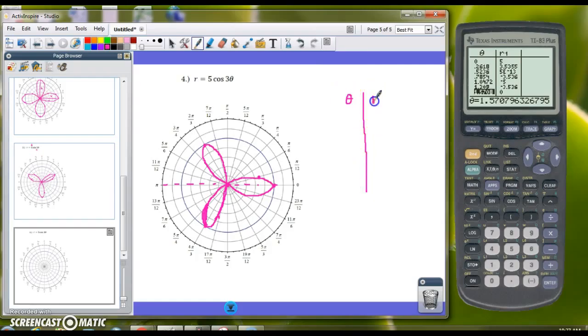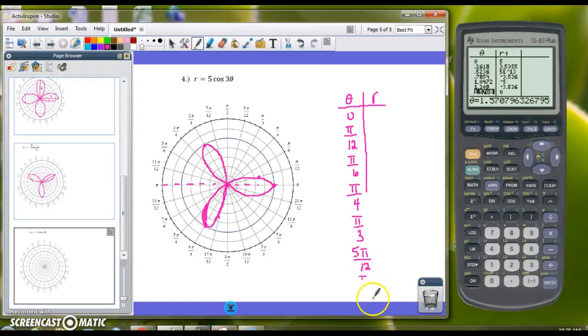theta and r, and doing 0, and then pi over 12, and then pi over 6, and then pi over 4, pi over 3, 5 pi over 12, and pi over 2.